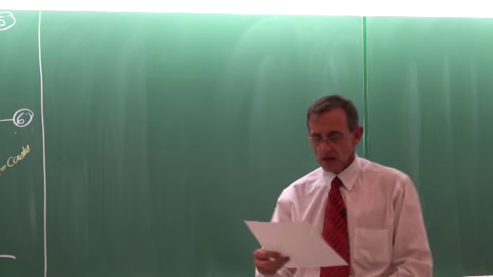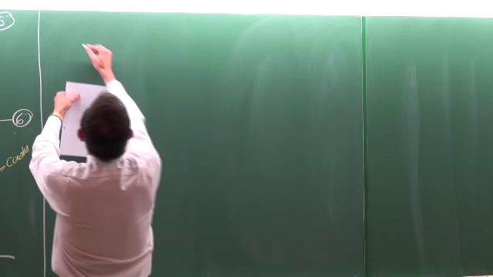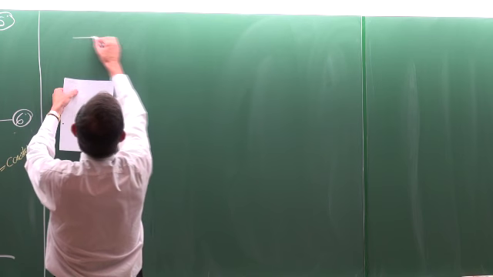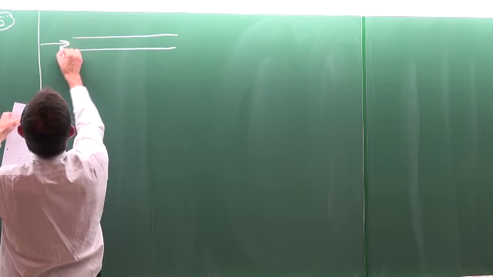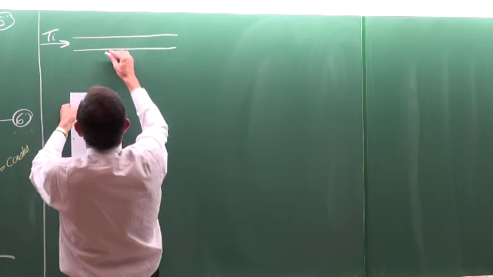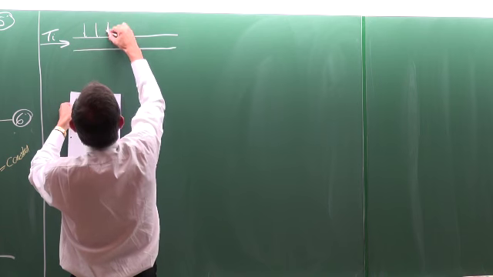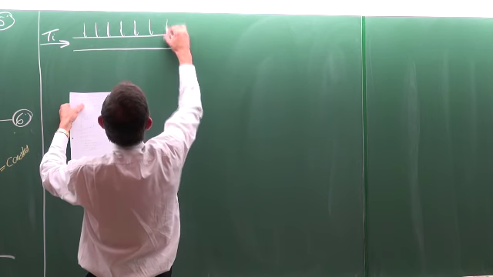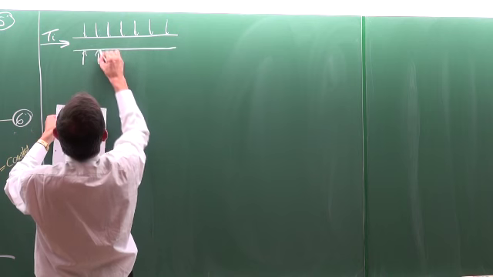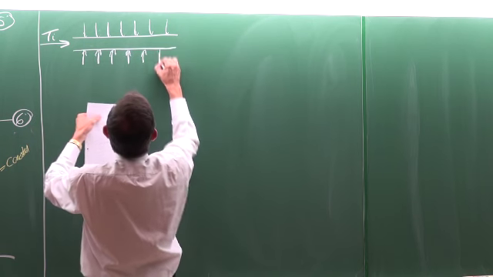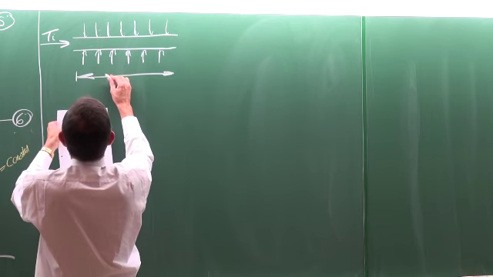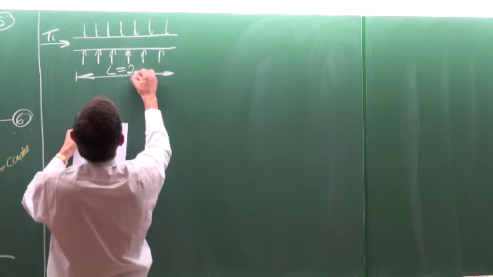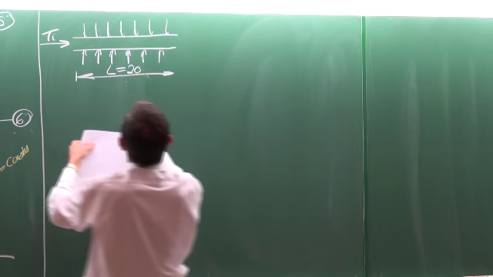Let's put together a very simple problem to make it even more understandable. The problem that we're going to consider is the following. That's the inlet temperature Ti. It's a constant heat flux problem. The length of the tube is 20 meters, so L is 20.